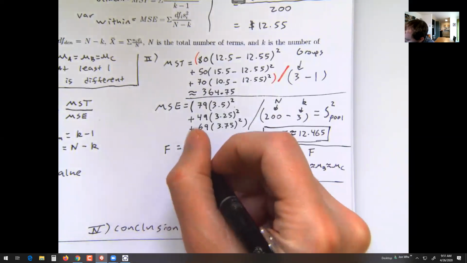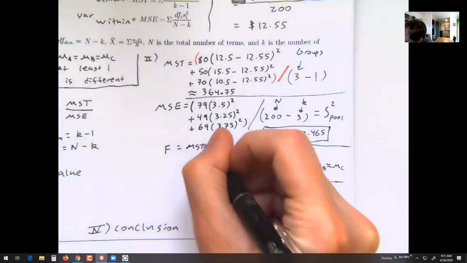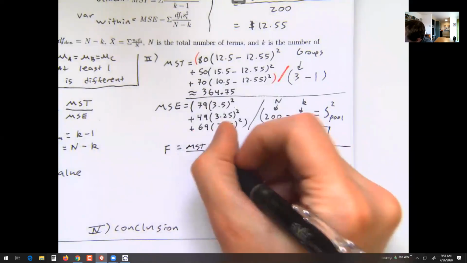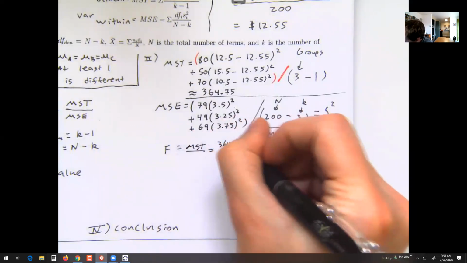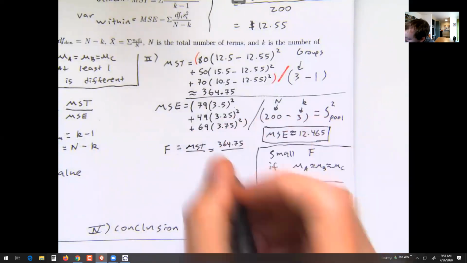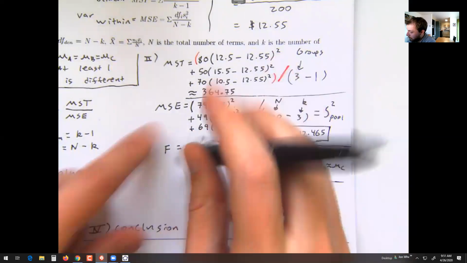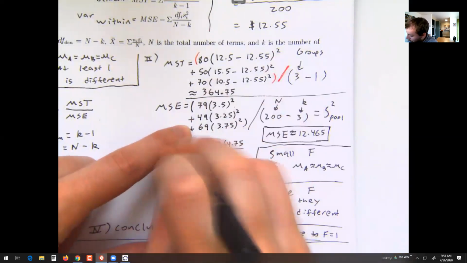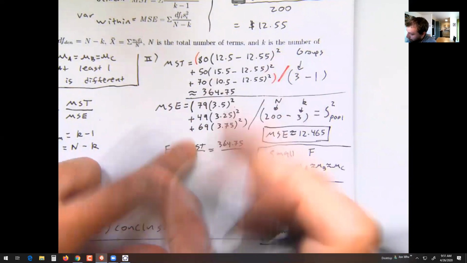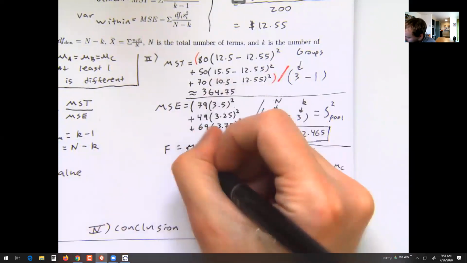I'm taking my MST, that was 364.75, divided by my MSE. So I have my variation between the groups divided by the variation within.